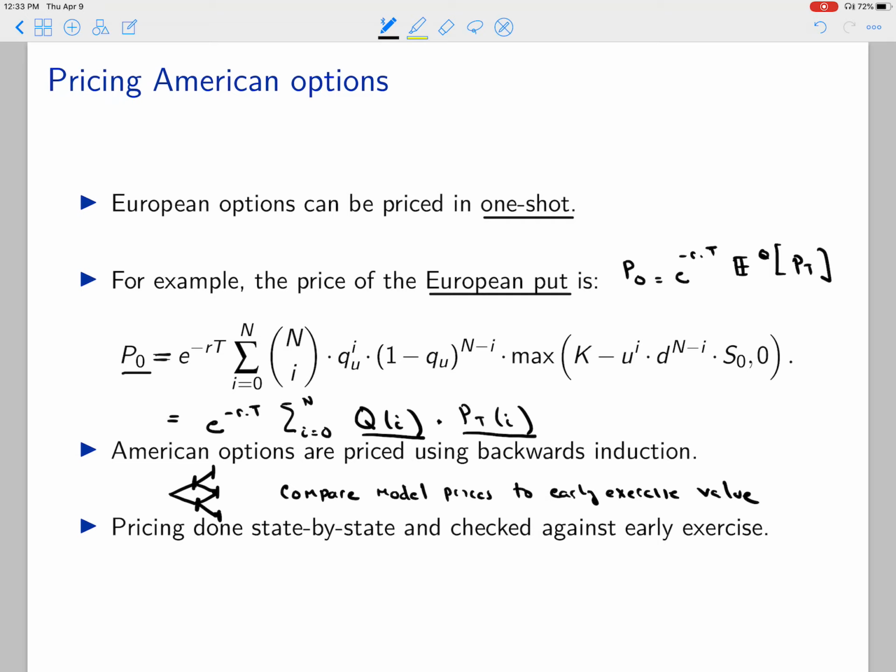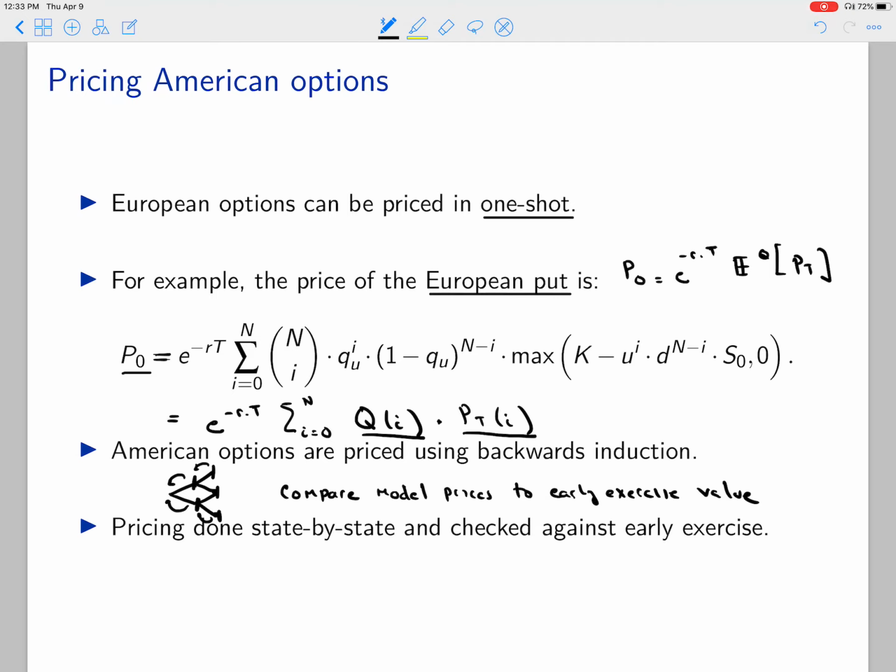If the European model price is below the early exercise value or the option has negative time value, then the option will be exercised early. And this early exercise decision will flow backwards throughout the tree and affect all prior pricing.